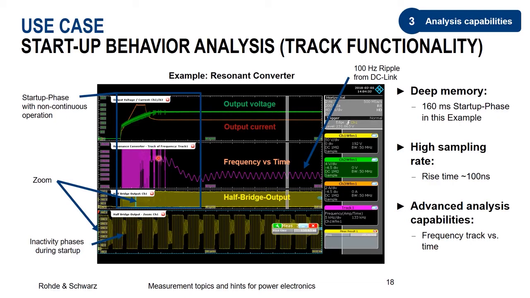After some time, you see that the converter has stabilized, but still has not reached the point where the end of the startup has happened. So the end of the startup phase basically starts here.